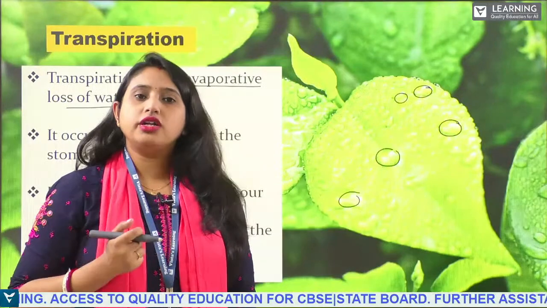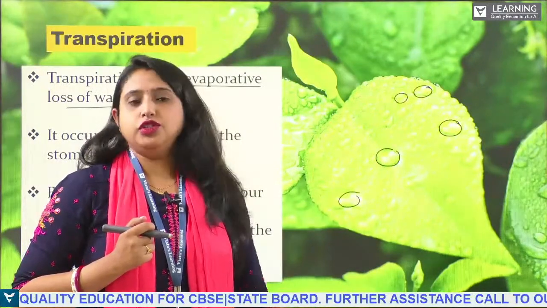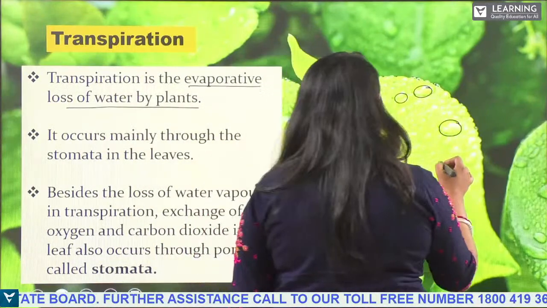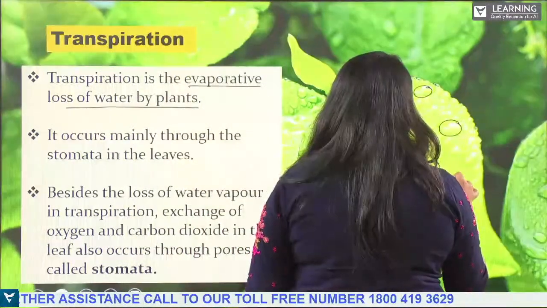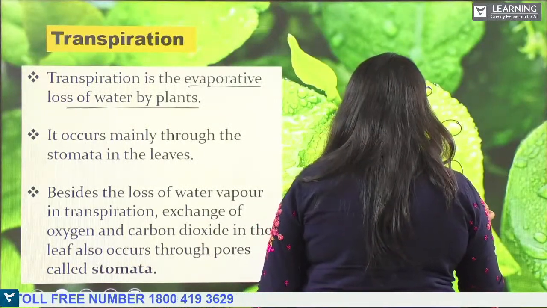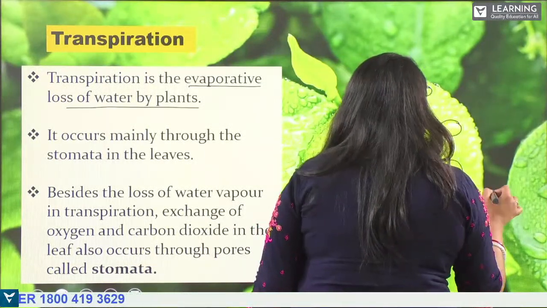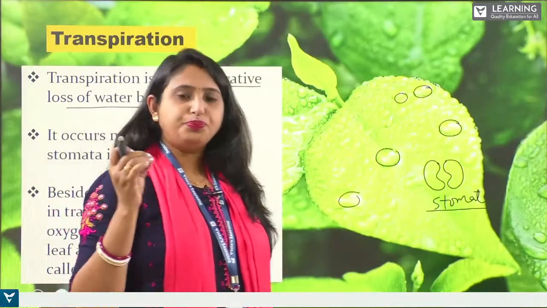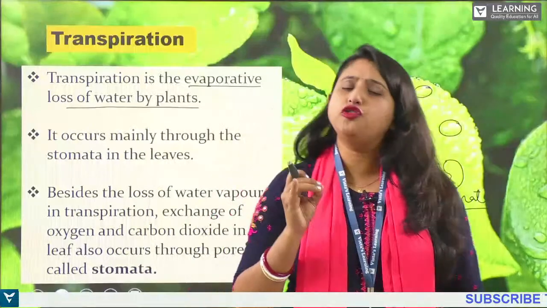So from where is the water being lost? In the leaves, the stomata is present, which is made up of guard cells. What is the function of the stomata? The function of the stomata is the exchange of gases.